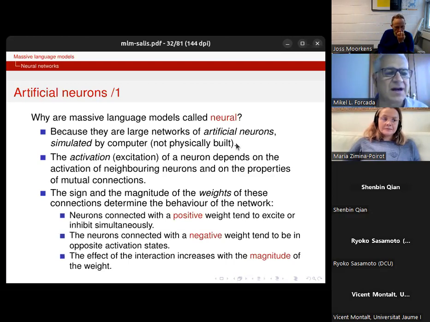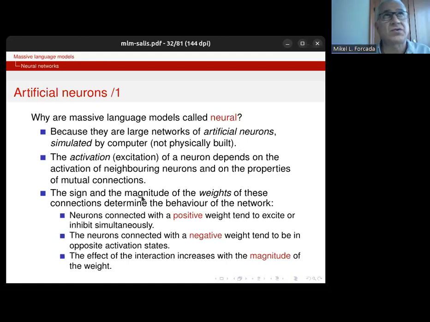So these neurons are such that the activation of a neuron depends on the activation of neighboring neurons and on the properties of mutual connections. The sign and the magnitude of the weights of these connections, because the connections have weight or strength, determine the behavior of the network.